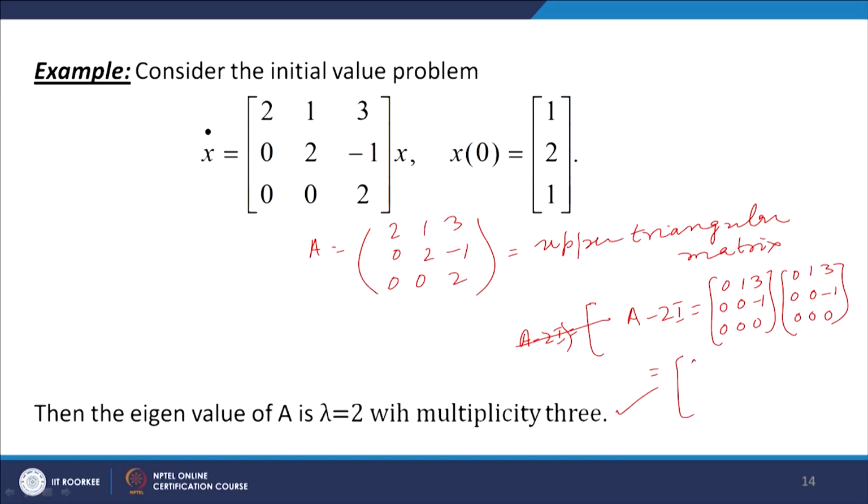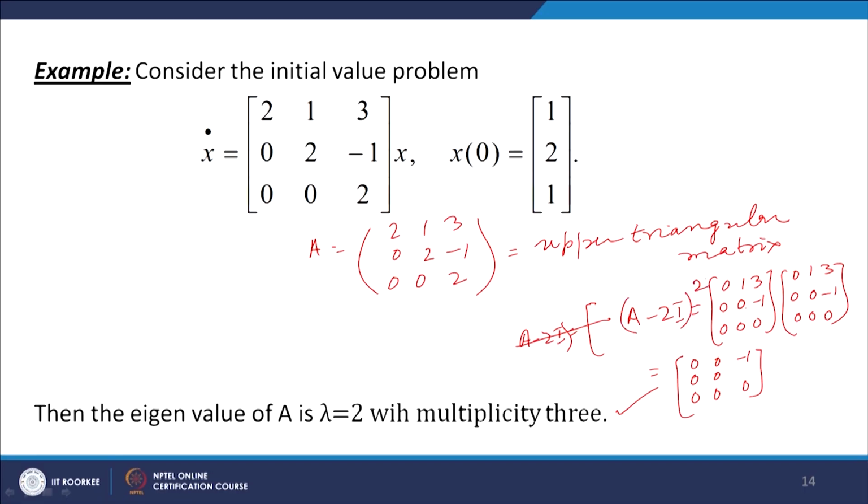The first column is 0 0 0. The second column, 1 0 0, will also give 0 0 0. Then for the third column, 3 minus 1 0 gives 3 into 0 is 0, minus 1 into 1 is minus 1, and then the remaining entries are 0. So, what we get is (A minus 2I) whole square.